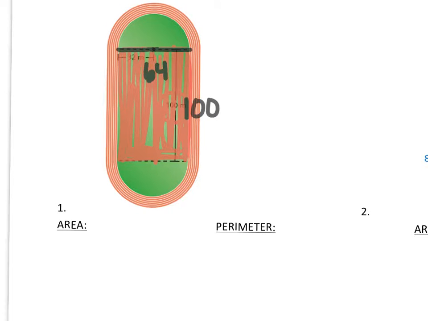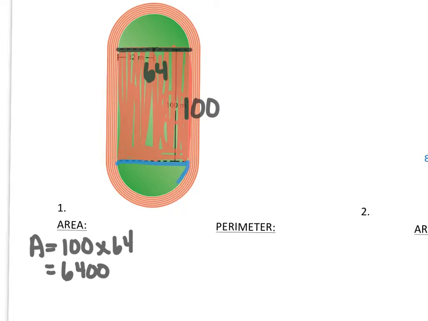So to find your area, you're going to do 100, the length, times 64, the width, to give you 6,400. Then the next thing we need to do is take a look at the semicircles. And we have two semicircles, which is telling me that we have one full circle.